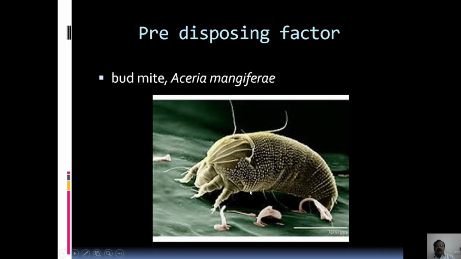And the infestation by the bud mite, Aceria mangiferae, acts as a predisposing factor. The pores or wounds caused by this mite help the pathogen to enter and cause malformation symptoms.